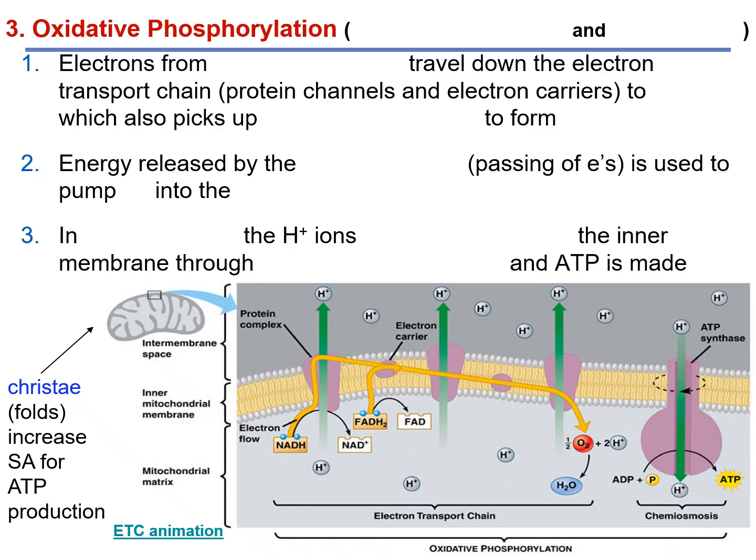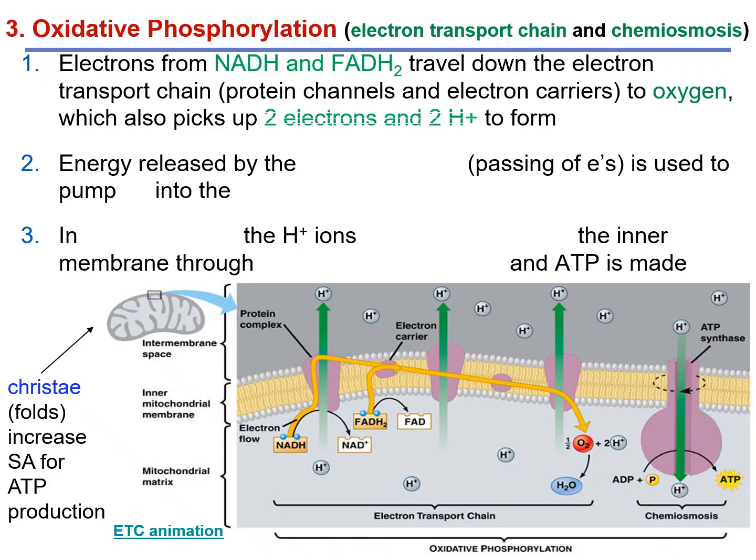Oxidative phosphorylation, which is the electron transport chain, is where electrons from NADH and FADH travel down the electron transport chain using protein channels and electron carriers to oxygen, which picks up 2 electrons and 2 hydrogens to form water.